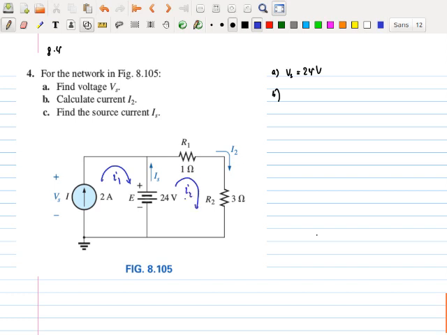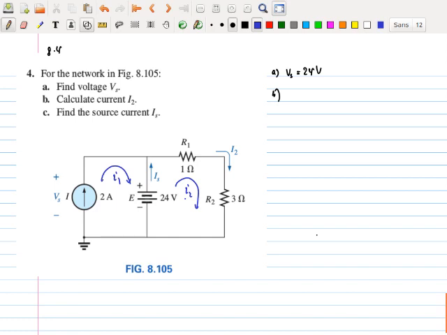This is I2. Perfect. Is it perfect? We don't know it yet. I have to apply the Kirchhoff voltage law to loop 1.